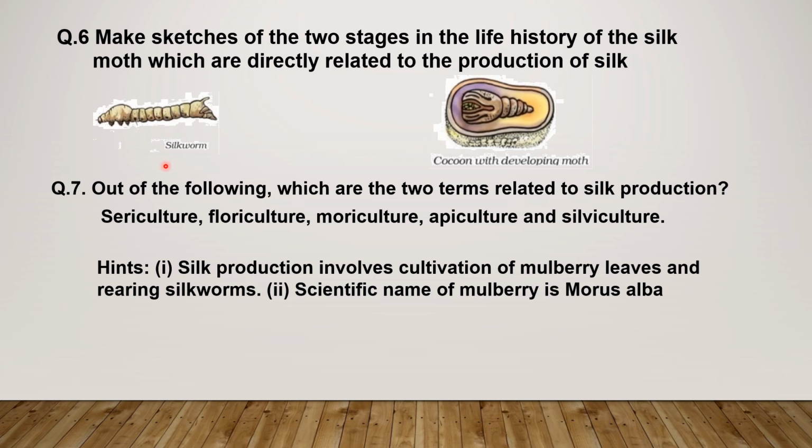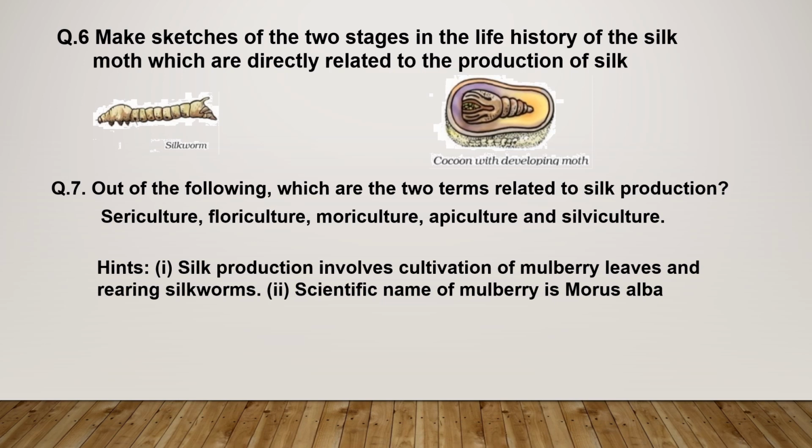Question number 7. Out of the following, which are the two terms related to silk production? Sericulture, floriculture, moriculture, apiculture, and silviculture. Some hints are also given. Silk production involves cultivation of mulberry leaves and rearing of silkworms.